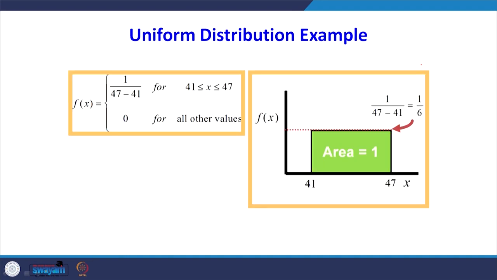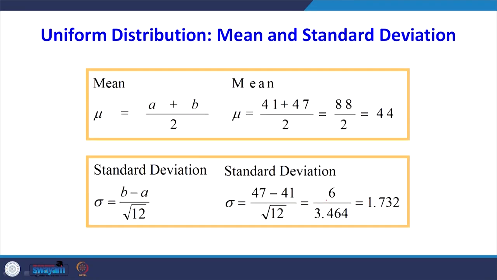We will see another example. Suppose a random variable is defined between 41 to 47. First we have to find the probability density function, 1 divided by (b minus a). So, 47 minus 41, that is 1 by 6. So, 1 by 6 is the height of this rectangular distribution. The lower limit is 41, upper limit is 47.